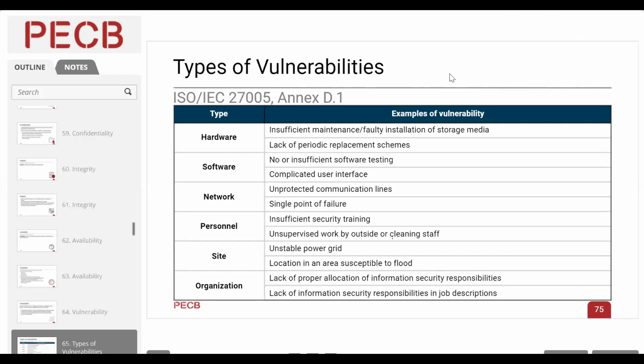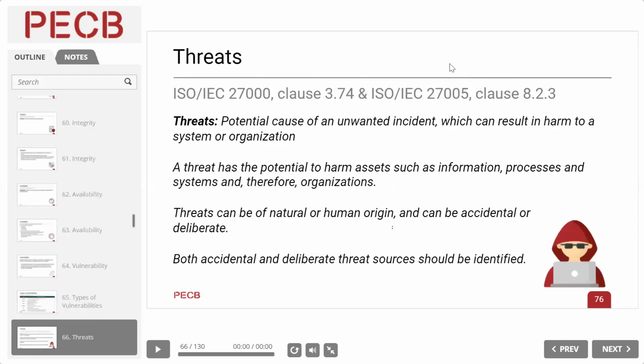So I also describe vulnerabilities as inherent in the design or the makeup of the asset. Okay. Threats: a potential cause of an unwanted incident which can result in harm to a system or organization.